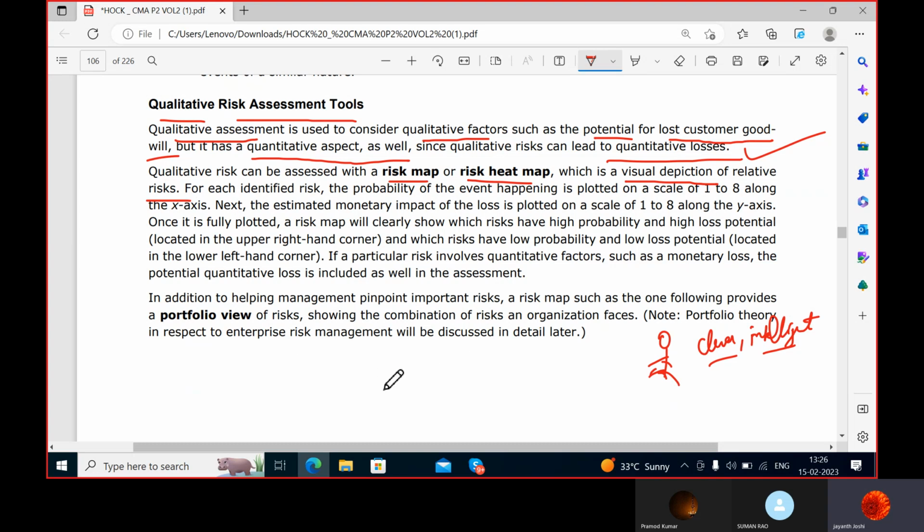For example, if a bank gives a loan to a customer whose credit rating is down, that creates a credit risk and that magnifies the default risk as well. Am I right? It increases the default risk many times. So these two are related ones. So let's see in the map how we are going to discuss that, how we are going to see the depiction.